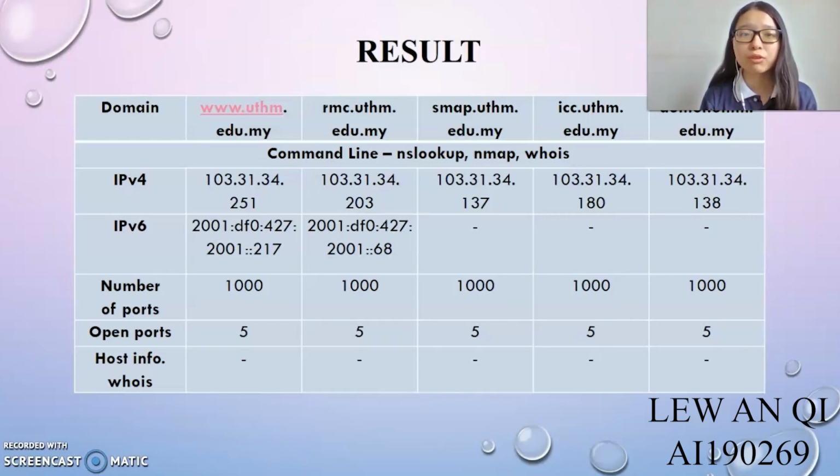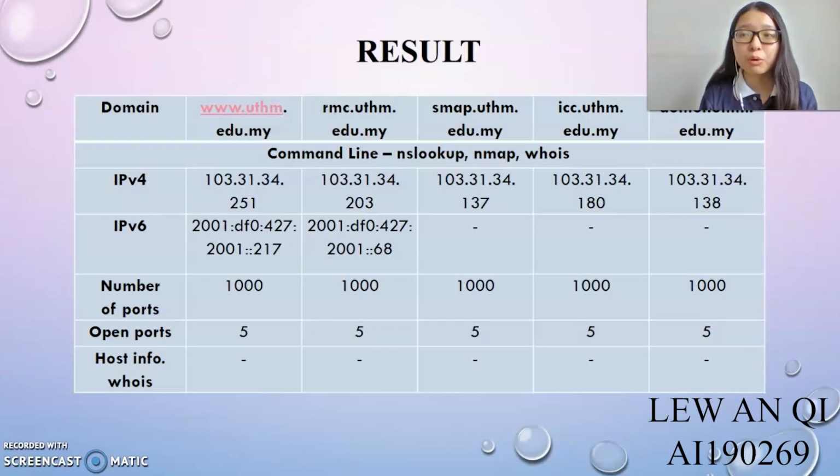We can notice that for all domains, the difference in the IPv4 is only the last part. For uthn.edu.my it is 251, for the RMC it is 203, for the subnet it is 137, for the ICC it is 180, and for the author it is 138. There is only an IPv6 address for the UTHN domain and the IMC domain.